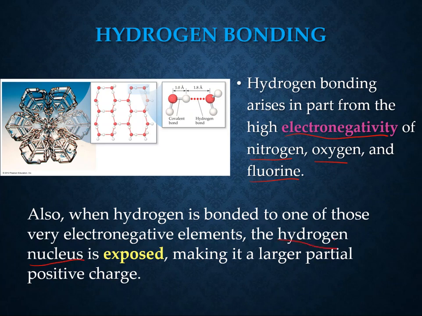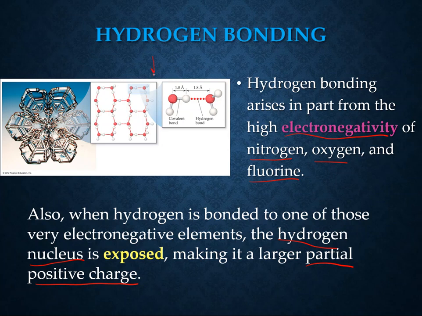But exposing the one proton leads to a higher positive partial charge on that side. And if you have stronger partial charges here, you're going to have stronger interactions, stronger forces. So due to the fact that it exposes that proton on the hydrogen, you get a higher partial positive charge, and then therefore leads to the stronger attractive force of hydrogen bonding.